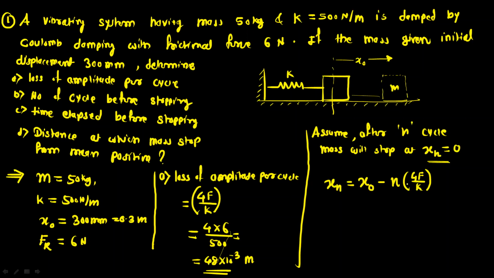So for such n cycles, if you subtract the value from x0, finally we should get the value as 0. So x0 is 0.3 minus n cycles, which is an unknown value, times 4F upon k, which we already found out, this is 48 into 10 raised to minus 3.